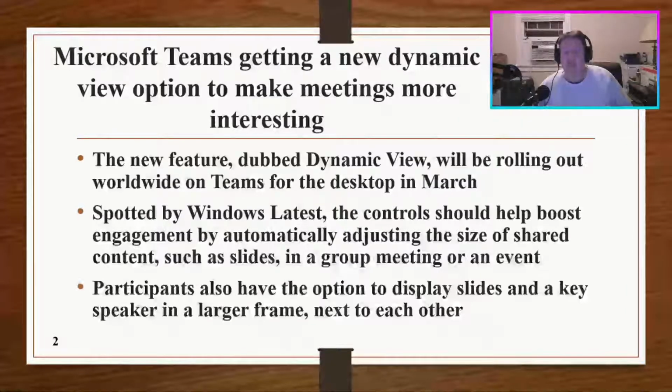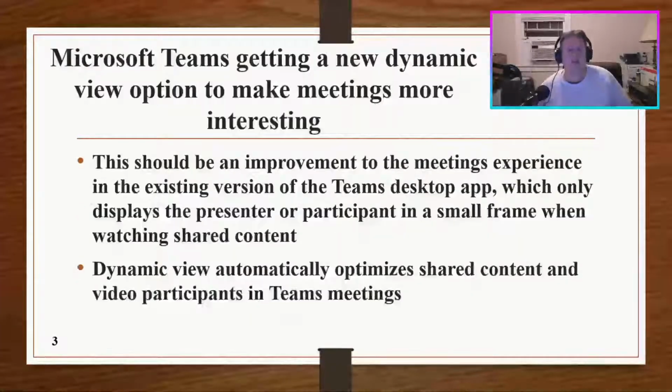Participants also have the option to display slides and a key speaker in a larger frame next to each other. This should be an improvement to the meetings experience in the existing version of the Teams desktop app, which only displays the presenter or participant in a small frame when watching shared content.